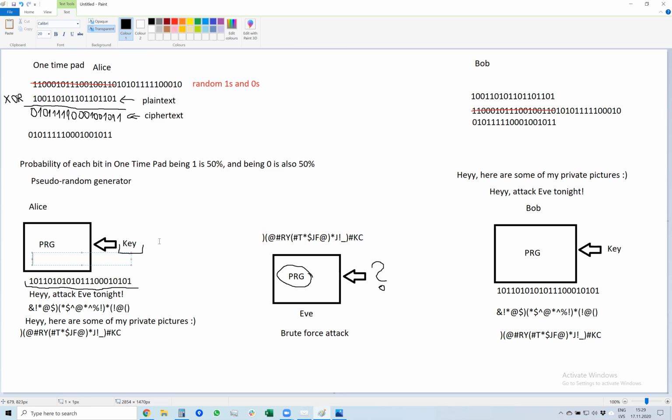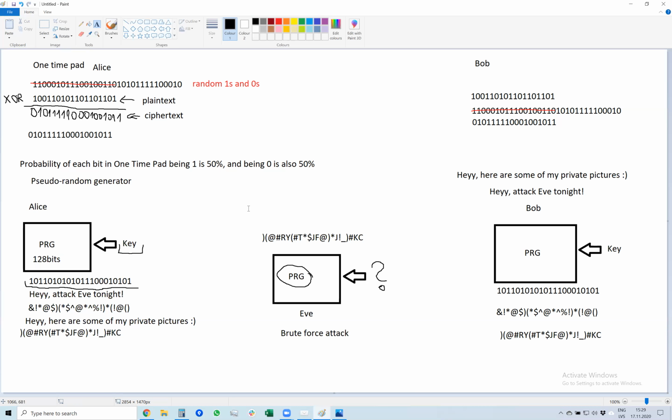For example, 128 bits, right? So there is a finite number of combinations that you can have in 128 bits. So of course, with pure guessing, once in a million years, Eve can actually guess the password and get the pictures.